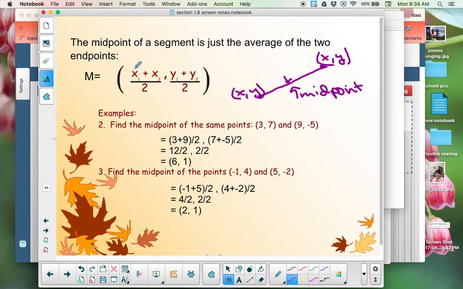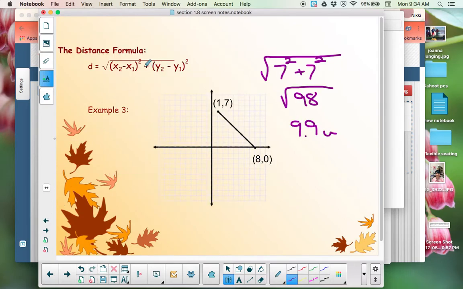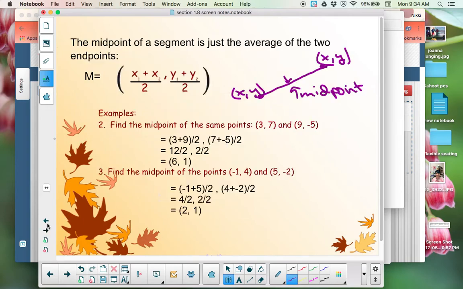Okay, so notice we're going to add our x's in this case. We subtracted them in the distance formula, but in the midpoint formula we're going to add them. That's probably a very common mistake that kids make, is that they get confused whether they add or subtract. The midpoint, we add them and divide by 2, add them and divide by 2. So these are the same points.